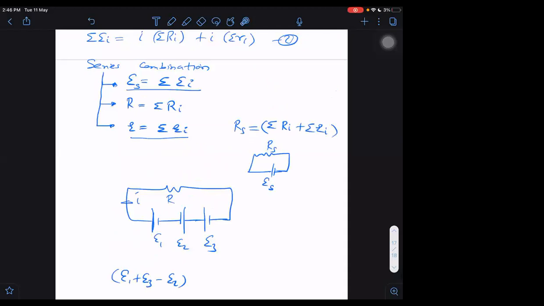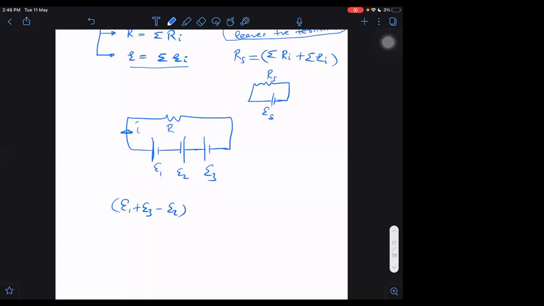So don't misunderstand this. You may think that I am just adding only. I have to put it with sign, the supporting or opposite. Ei will be taken with positive sign if current leaves the battery from the positive terminal, but if current enters the positive terminal, then the sign will become negative.